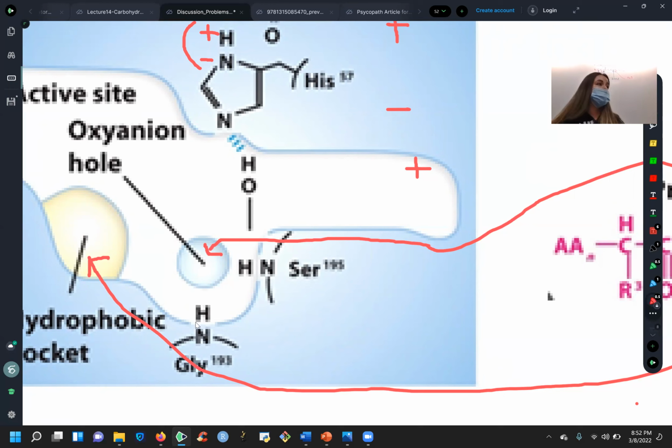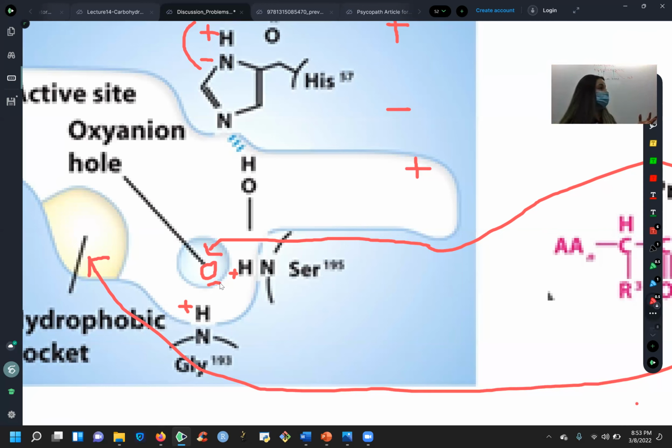What do we know about hydrogen bonds? They tend to have a slight positive charge, right? And so what is going to go over here? The oxygen, right? Things are going to happen, and that oxygen is going to become super unstable, and it's going to have a crazy negative charge.